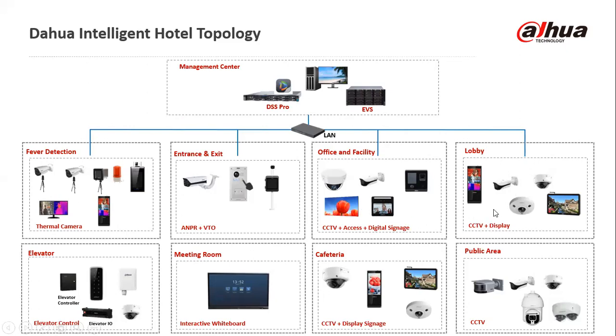For the lobby, we do CCTV and signage products. In the elevator, we can do elevator control, so you can only allow people who have cards to use the elevator, using verification like fingerprint and face. In the cafeteria, you can have advertisement products and CCTV for surveillance. In public areas, you can implement technologies like PTZ and panoramic cameras for wide-angle views.